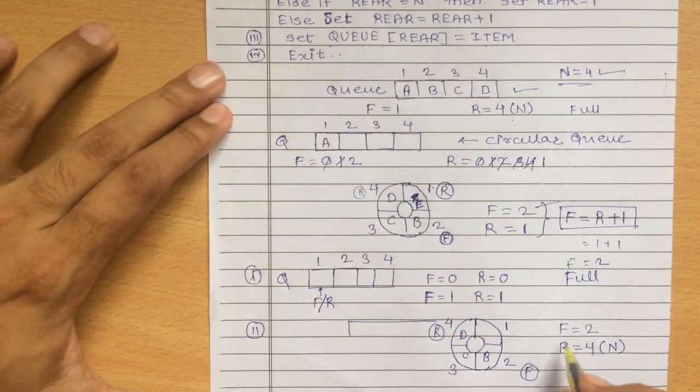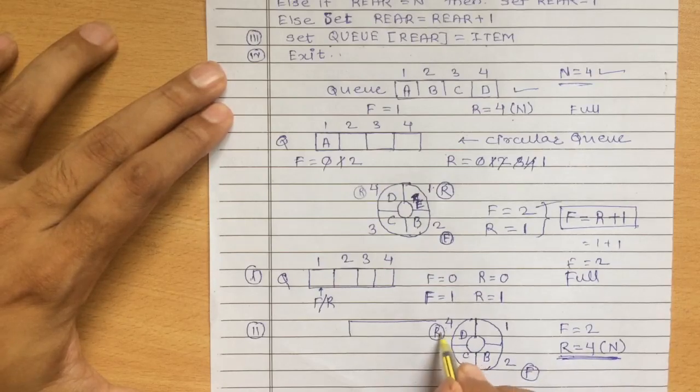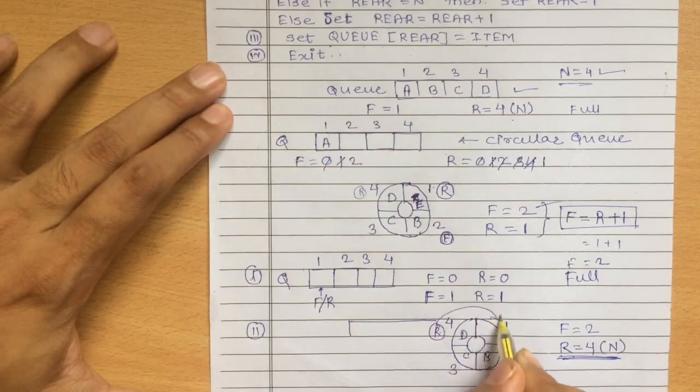So when rear is equal to n and I have to insert an element in a circular queue, I will simply set rear to the location 1.